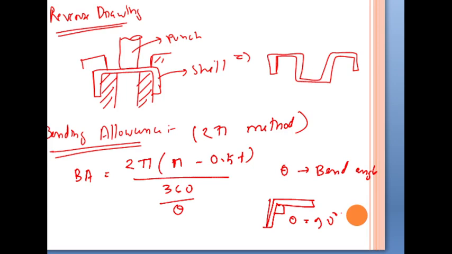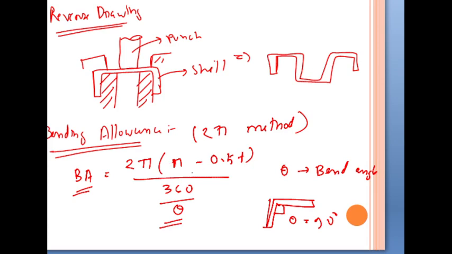Now this formula can be helpful in order to find both the bend angle as well as the bend allowance. If bending allowance is given and we need to find the bend angle, we can find it from here. And if we are asked to find the bending allowance and the bending angle is given, then we can easily find it. Now what is r? r is the corner radius which will be given.